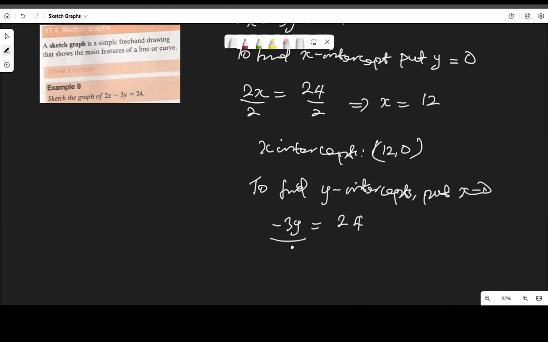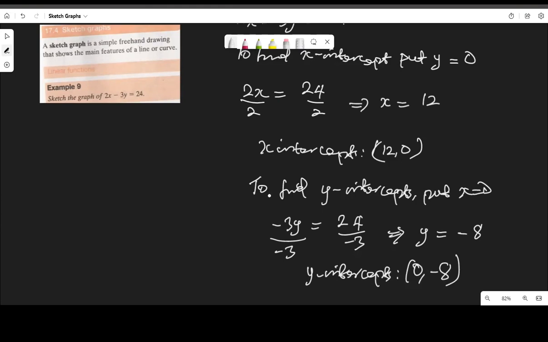To get the value of y, we divide both sides by negative 3, which implies y is equal to 24 divided by negative 3, which is negative 8. The y-intercept therefore is (0, -8).